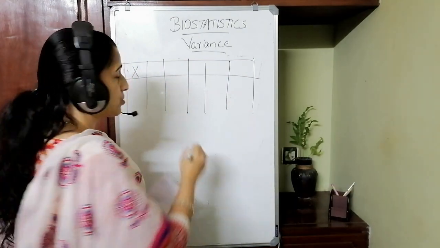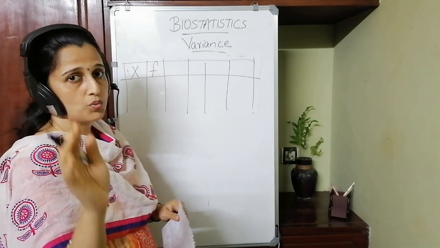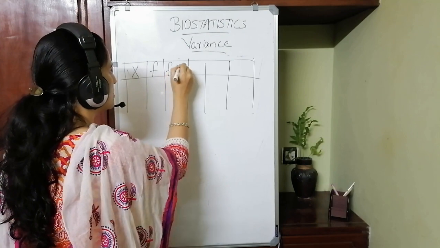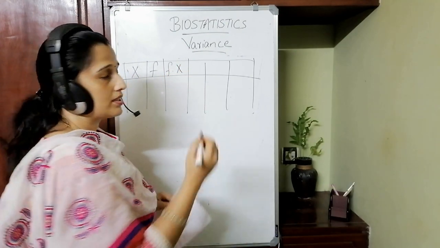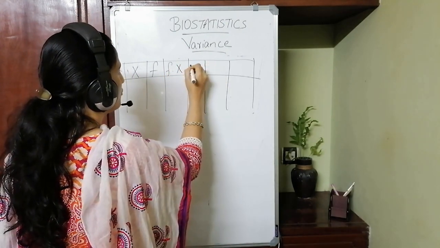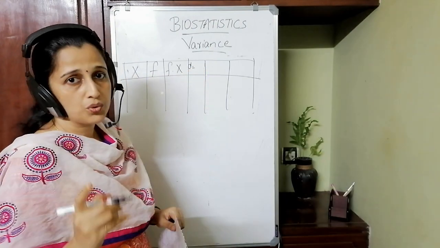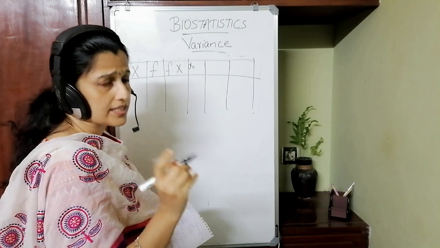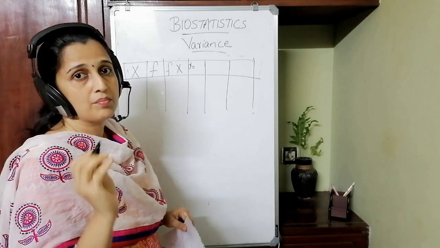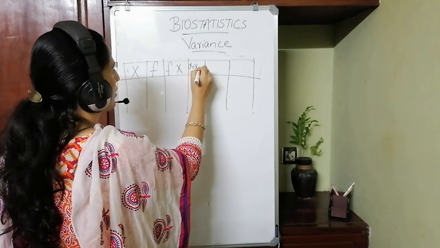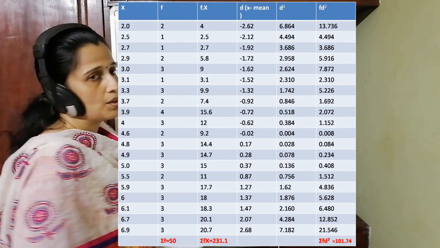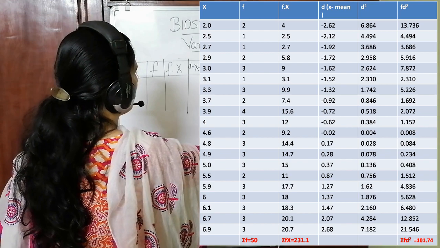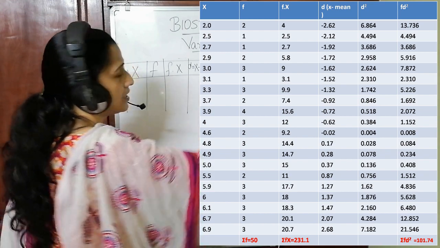The next column shows the frequency, because this is grouped data. The next column is f into x, or f into the variable. The next column is to find d, where d is equal to variable minus arithmetic mean. Then the next column is for d square, and the next column for f d square.